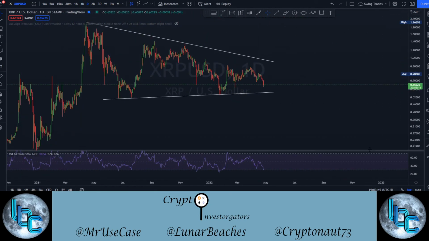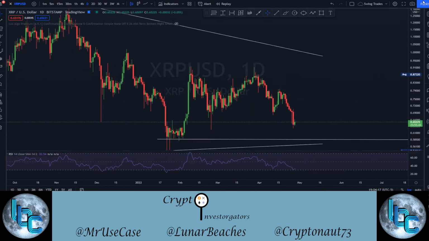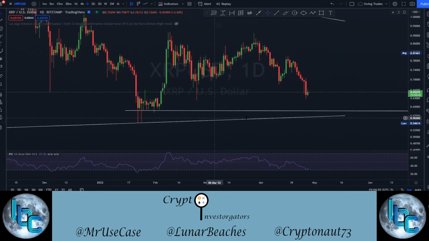So let's go to the daily and draw a line of support here. We could come down to the wicks if you want to get crazy. But since we did have a nice round bottom here and the price shot up, as long as we don't come down and have a candle body close below this line, I think we're good.